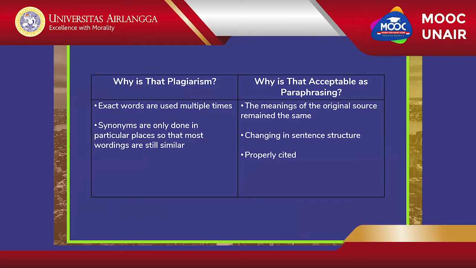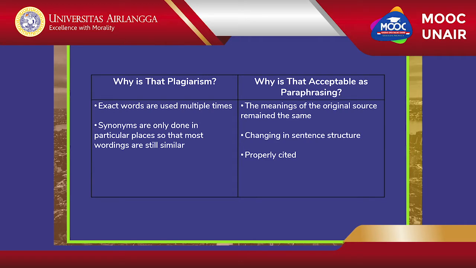So, first of all, why is one of the texts considered as plagiarism? Well, there are two particular reasons. First, the first text uses exactly the same words as the source text.